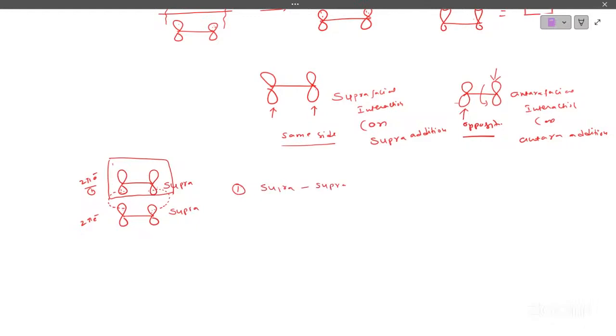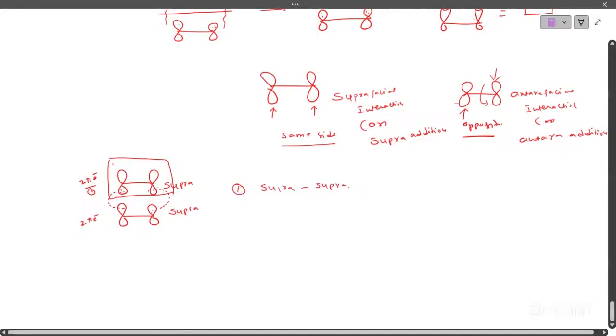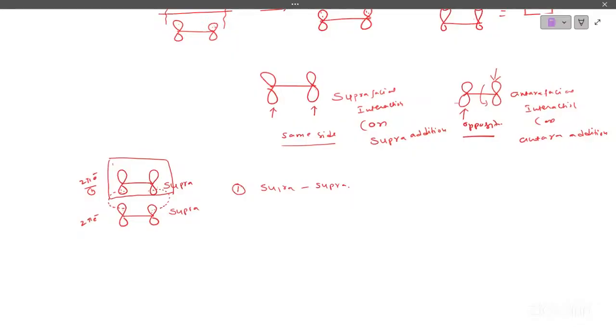Supra-supra addition. When the cycloaddition reaction is involving two pi systems, with respect to the first pi system it is supra addition, and with respect to the second pi system it is also supra addition. That addition is known as supra-supra addition. For example, here the two electrons are involved in the first pi system, and a two electron system of the pi system is involved in the cycloaddition.